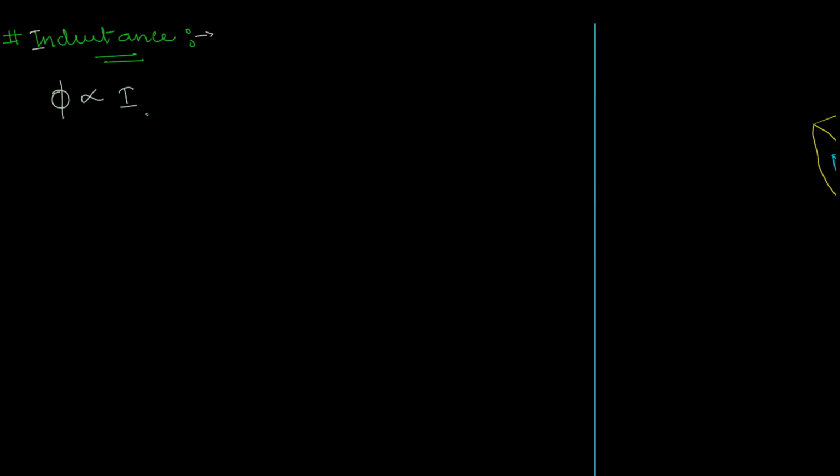This is basically Faraday's law, which says that EMF is directly proportional to the changing flux, and since EMF is directly proportional to current, I can write this. So phi is directly proportional to current.